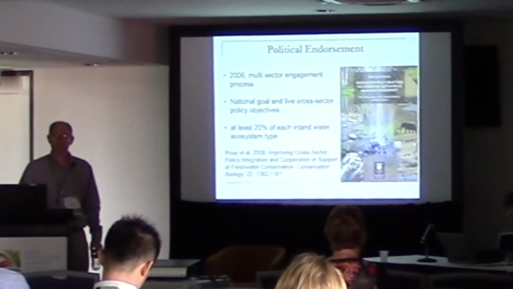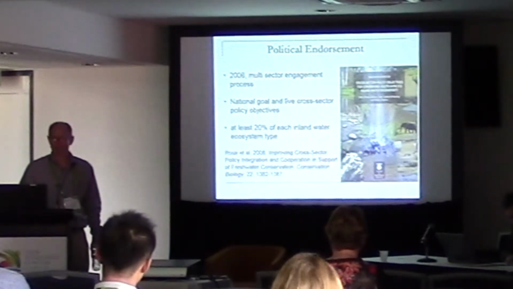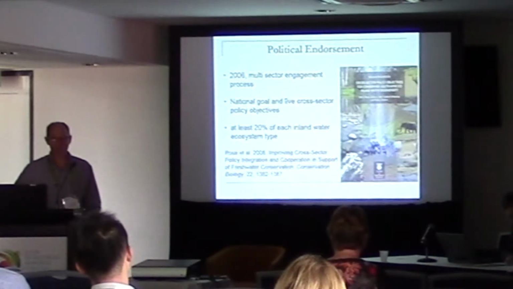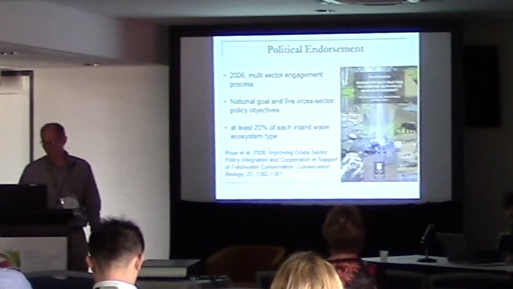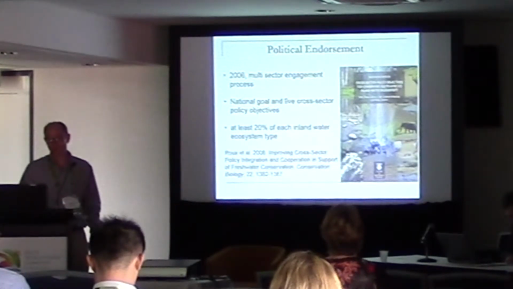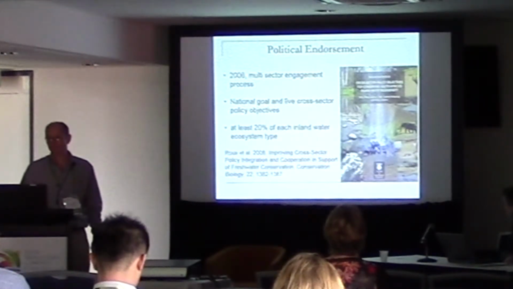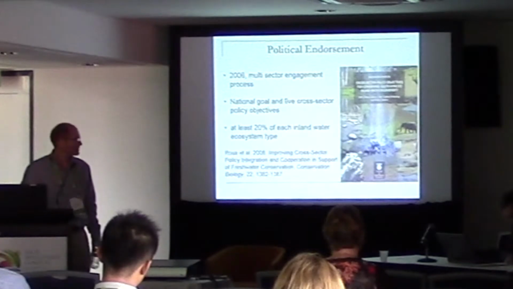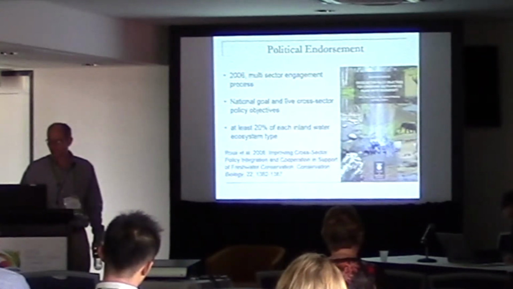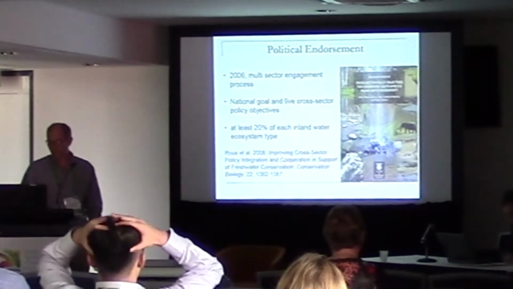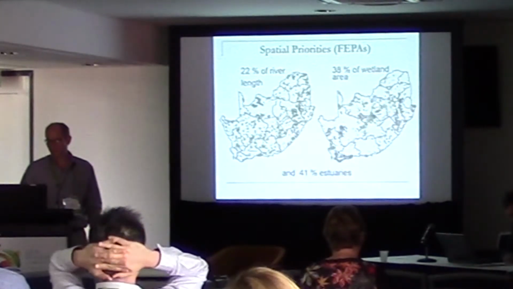It's for these officials to take that level of ownership. It was not developed by an NGO or a donor agency. It was actual officials that made an effort to come up with a 20% target for freshwater ecosystems in South Africa. And there's the policy paper that was published, but it's the process that's more important than the paper.